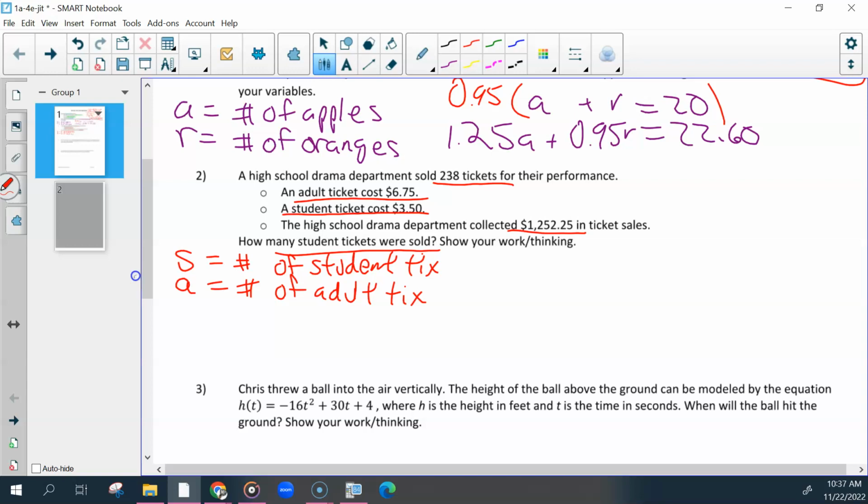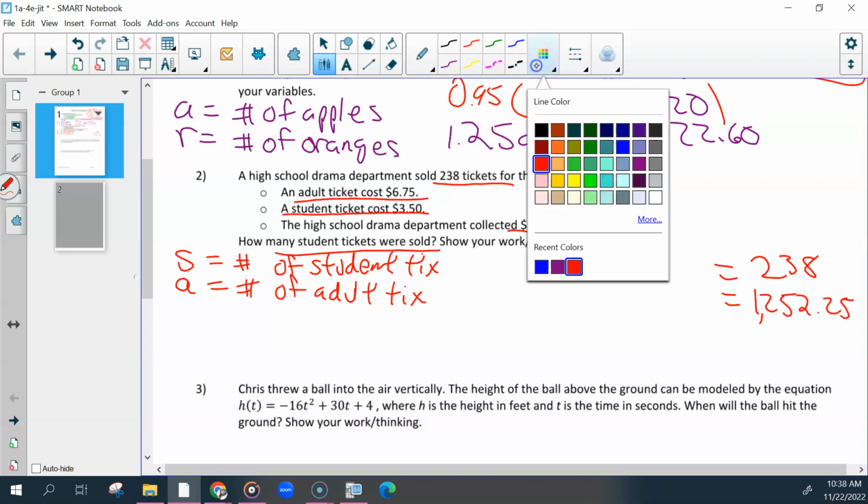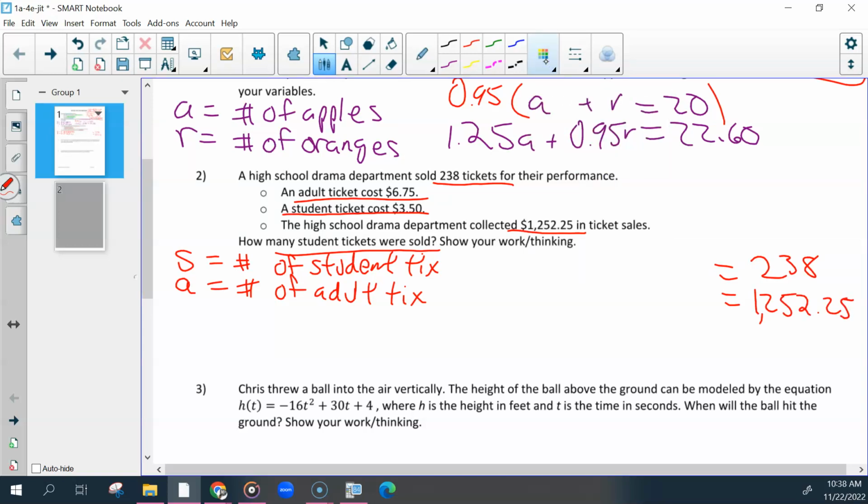Then we can start setting up our equations. 238 and 1252.25 will be the two totals. Money goes with money. The two costs are going to go with the one that has money.